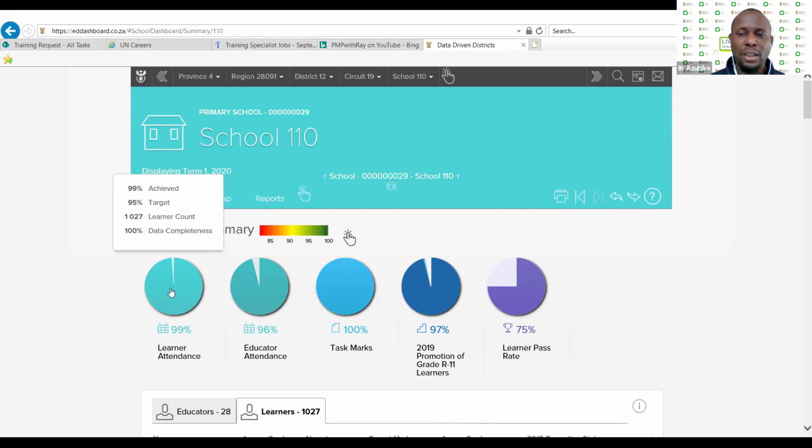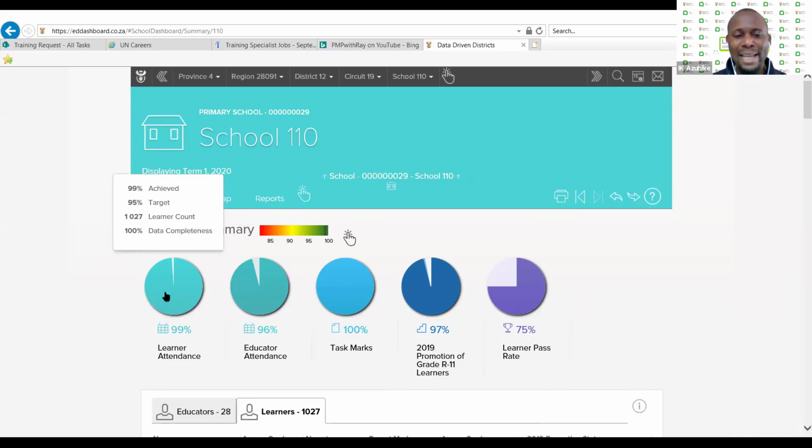That can be possible. The principal can increase the target, but please note that the target can only be increased and not decreased. So you cannot set a target of 94. Instead, you can set from 96 upwards. Now, the color is not red here because the target has been surpassed. The target has been met and surpassed, which is 99.